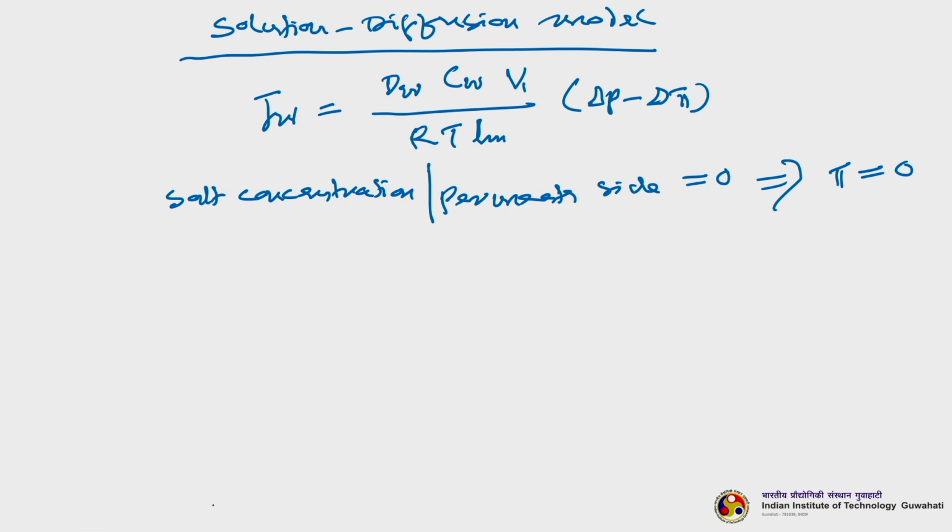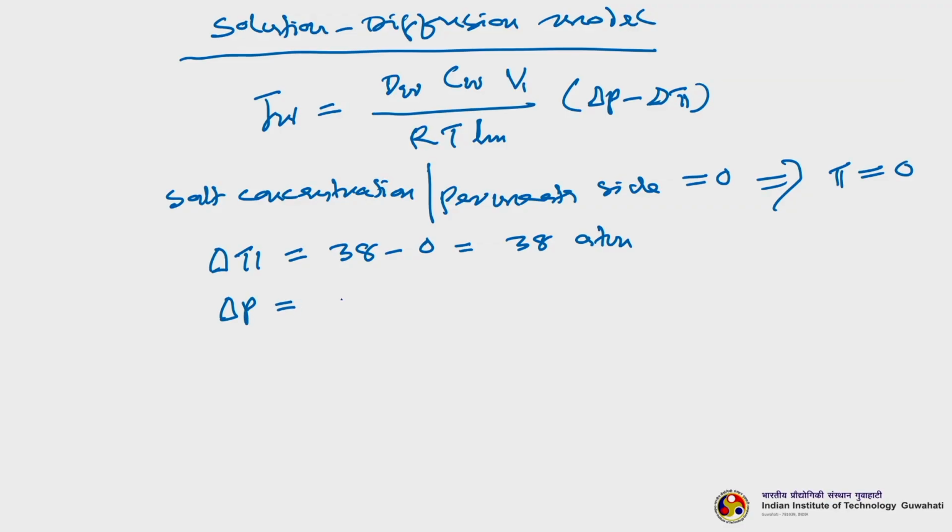Now you can calculate the osmotic pressure difference. Delta pi equals 38 minus 0, which is nothing but 38 atmosphere, because the osmotic pressure at the permeate side equals 0.